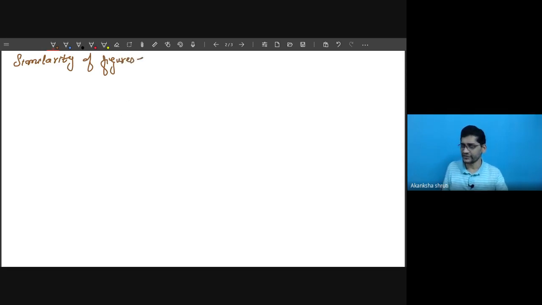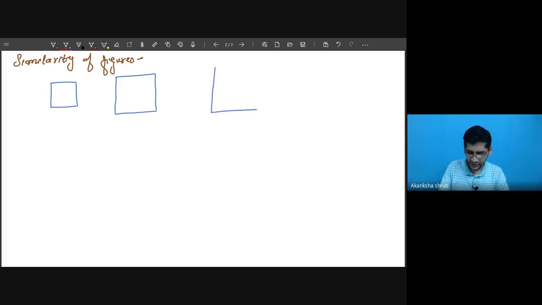Regarding similarity of figure, we have to learn, student, just we have derived that if I consider the squares, so squares may have any side length, but the basic property, like all the sides are equal, that is followed.